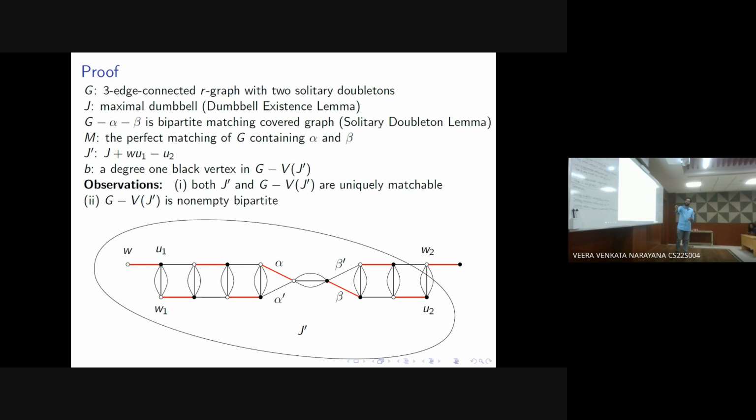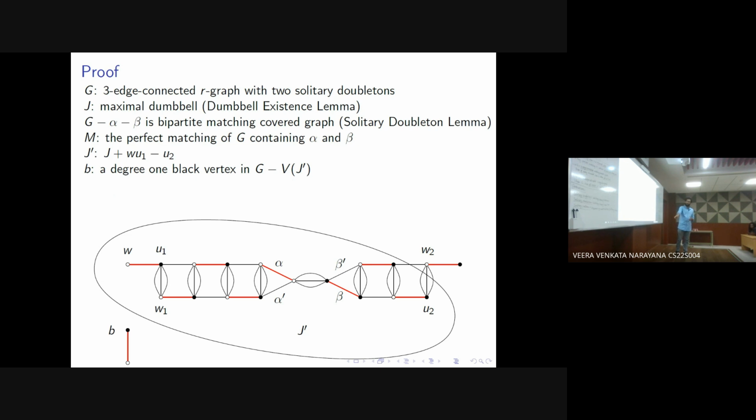So we just saw that if you take any non-empty bipartite graph that has a unique perfect matching, there exists a degree 1 vertex in both color classes. So we take a black vertex of degree 1 outside this graph, because G minus V of J prime is uniquely matchable and non-empty bipartite. So the degree of B is 5 in the original graph but 1 outside.